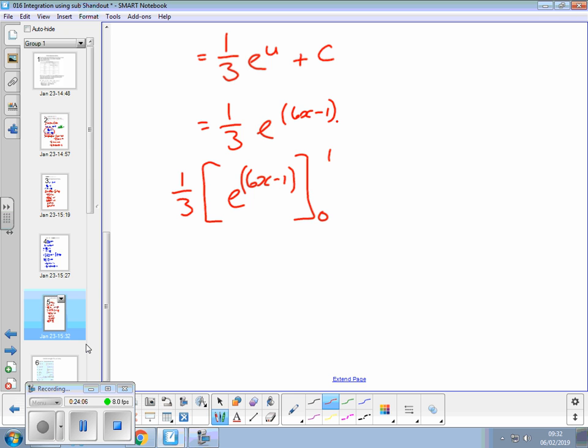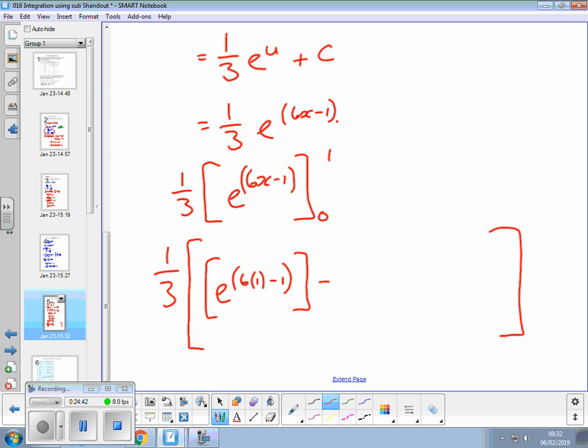Can you remember how we do definite integrals? It's going to be 1/3 times all of it, so you want some big brackets. Then take away the value when it's 0. So you take the top limit: the value of e to the power of 6 times 1 minus 1. We replaced x with 1. Close the brackets.